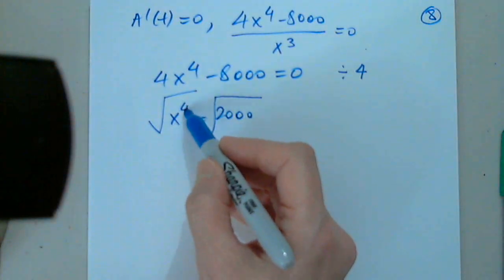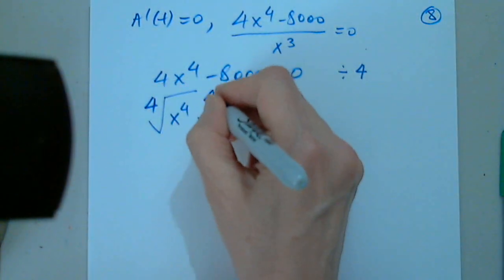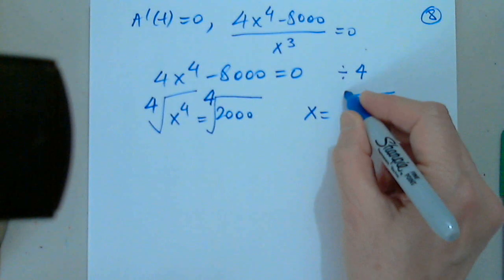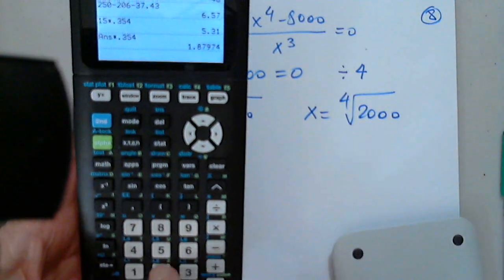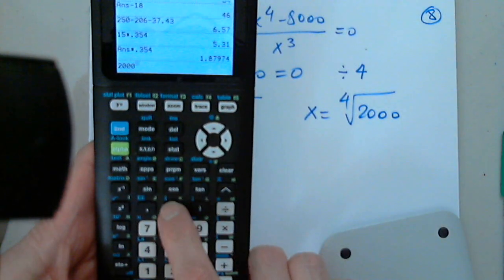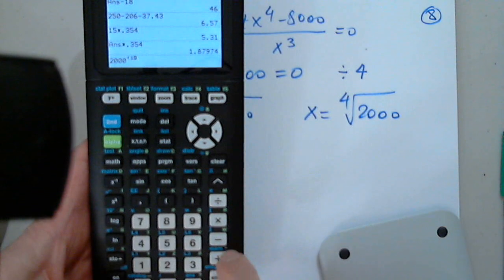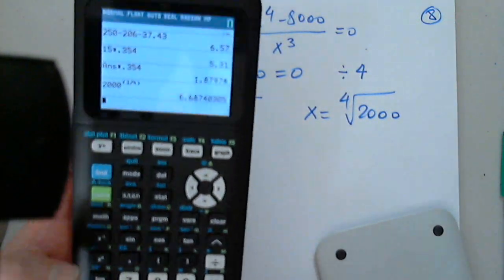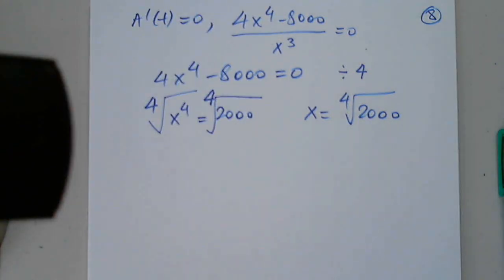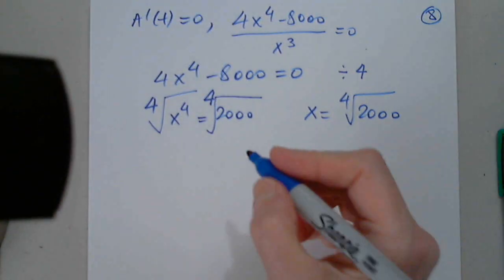I need to get rid of it, yes, the fourth root. So x equals the fourth root of 2,000. You either put 2,000 to the power of, in parentheses, 1 divided by 4. I got 6.69, approximately 6.69 inches.